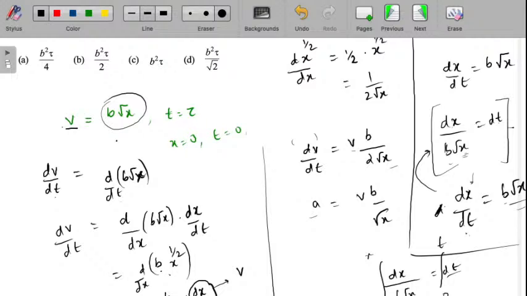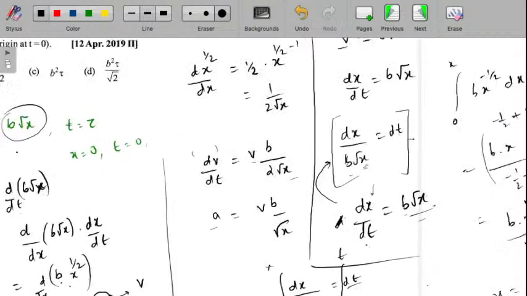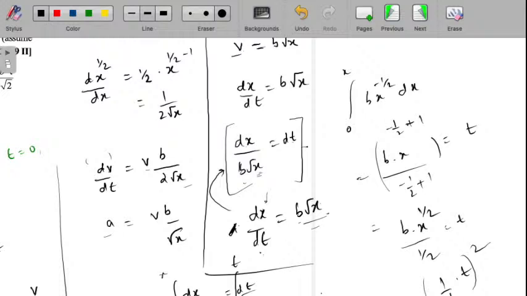When x is t square by 4b square, dx by dt is d by dt of t square by 4b square. First of all, 1 by 4b square is a constant, take it outside, multiplied by d by dt of t square. That is 1 by 4b square into 2t, because we have already seen the differential of t square is 2t. Now 2 and 2 get cancelled, so I have t by 2b square, that is my v.